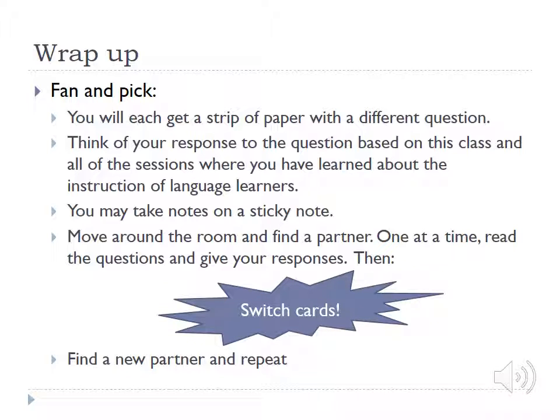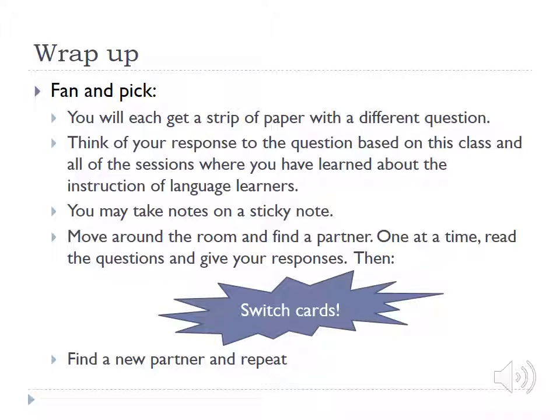As a wrap-up, we will do a fan and pick activity. You will each get a strip of paper with a different question. Think of your response to this question based on this class and all of the sessions focused on the instruction of linguistically diverse students. Take some quick notes on a sticky note. Move around the room and find a partner. First, one partner will read the question and then give an answer.